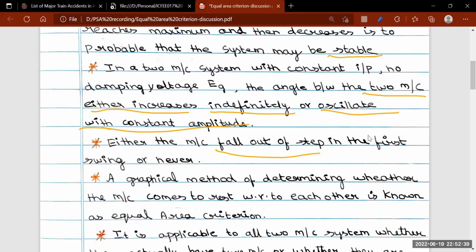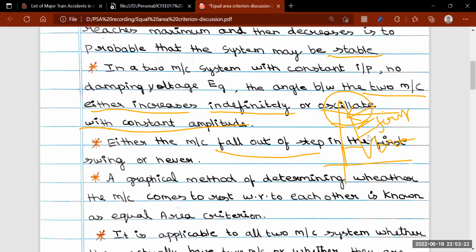I can explain and throw some more light on that. Say a disturbance is applied on the system, and there are oscillations like this. If my machine is capable of restoring its stability at the maximum peak overshoot, as you have discussed in control systems, if my system is capable of regaining its stability in the first maximum peak overshoot, I can say that the machine would never lose its stability after that. This is called the first swing.